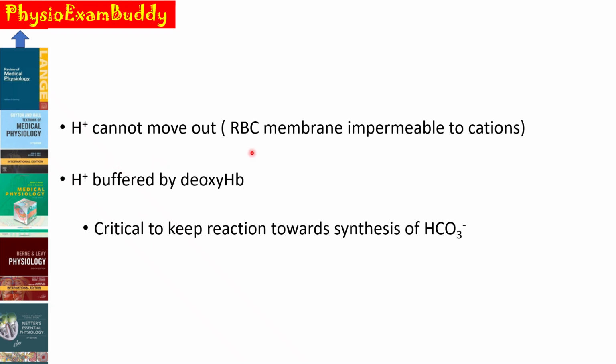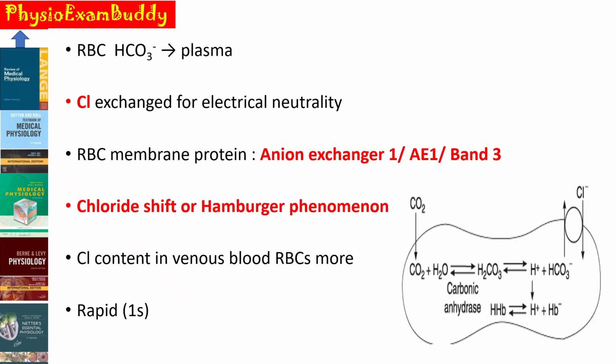H plus cannot move out because the RBC membrane is impermeable to cations. The H plus that is formed is buffered by deoxyhemoglobin, and this buffering of H plus is very critical to keep the reaction moving towards the synthesis of HCO3.